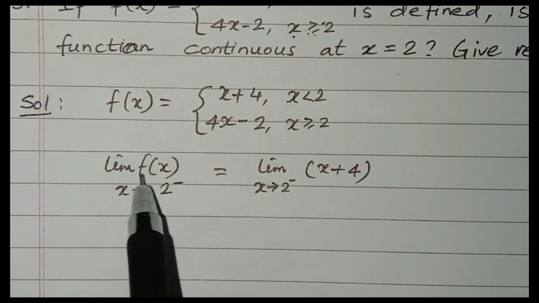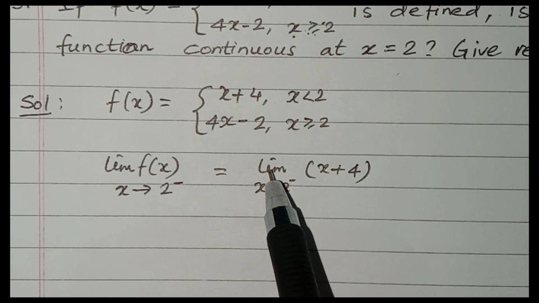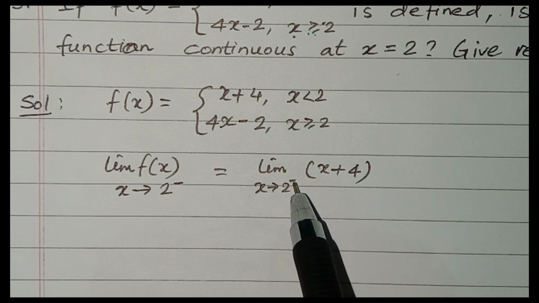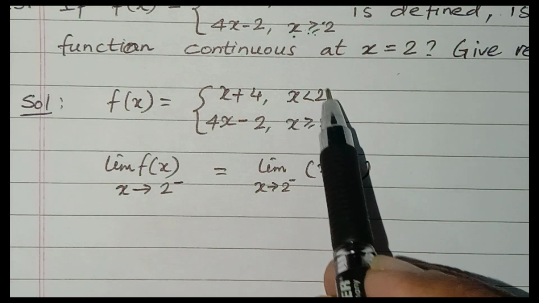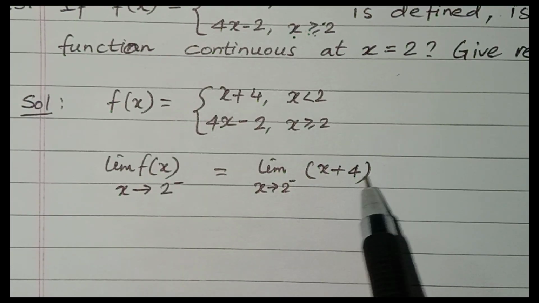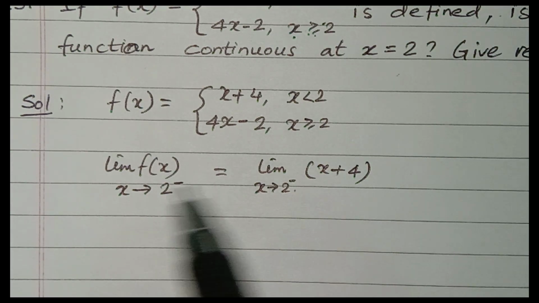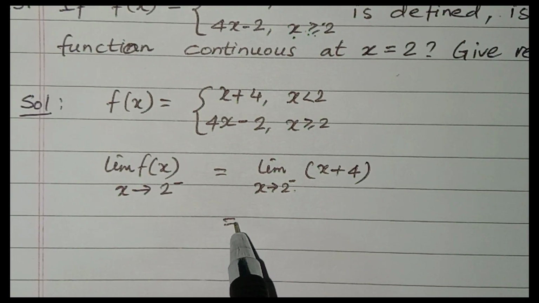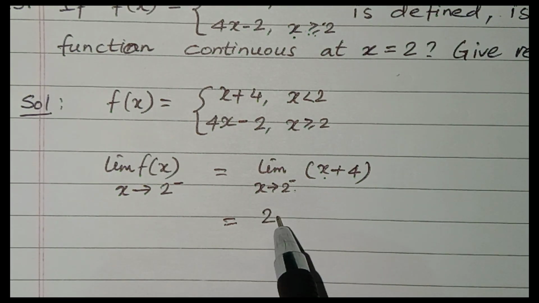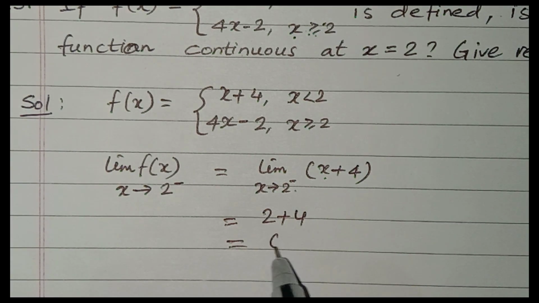Limit of f of x as x approaches 2 from left hand side is equal to limit of x plus 4 as x approaches 2 from left hand side, because when x is lesser than 2, the function is defined as x plus 4. So if I put 2 here, I get 2 plus 4, which gives me 6. Okay, so the left hand limit is 6.